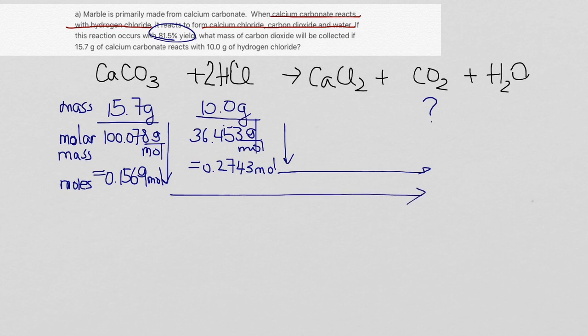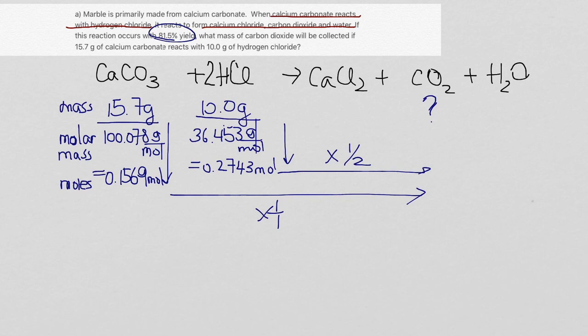The mole ratios are 1 to 2 for carbon dioxide to hydrogen chloride, and the mole ratio for carbon dioxide to calcium carbonate is 1 to 1.